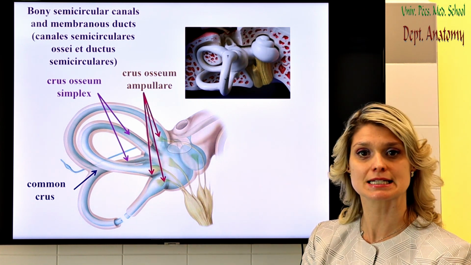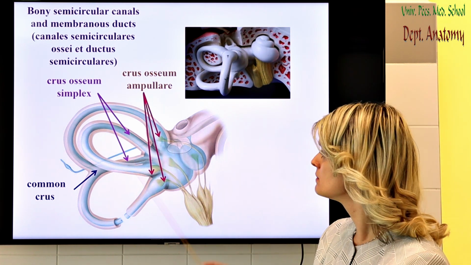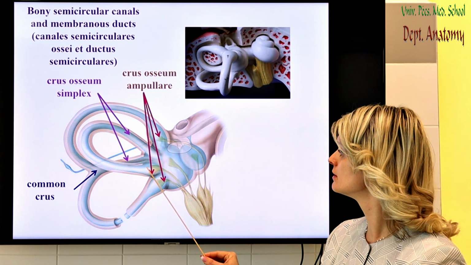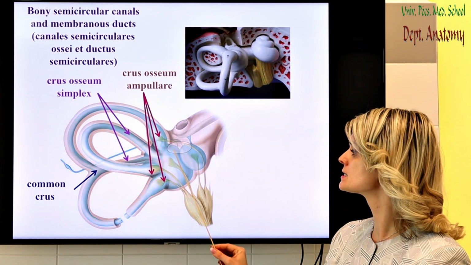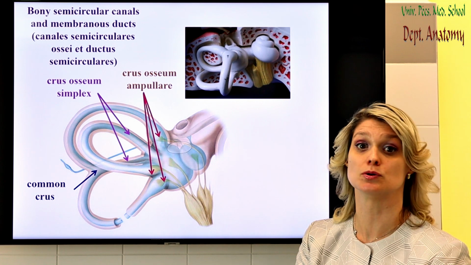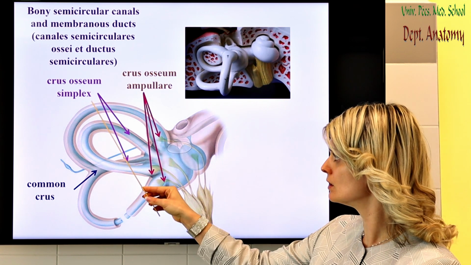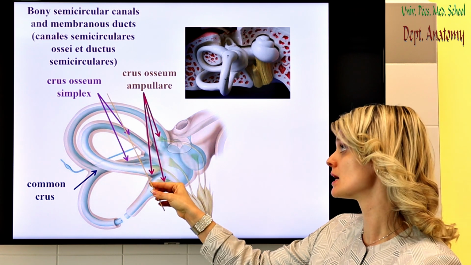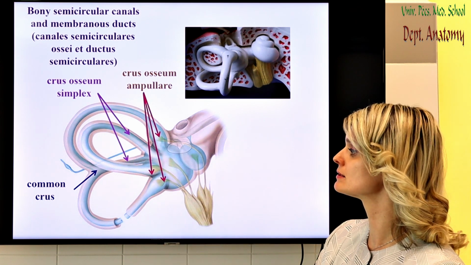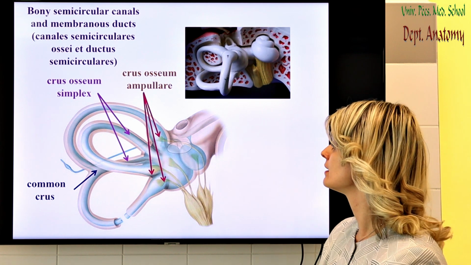So we have 6 semicircular ducts, but we have only 5 openings to the utricle, because here the two simplex parts of the semicircular canal are fused there.